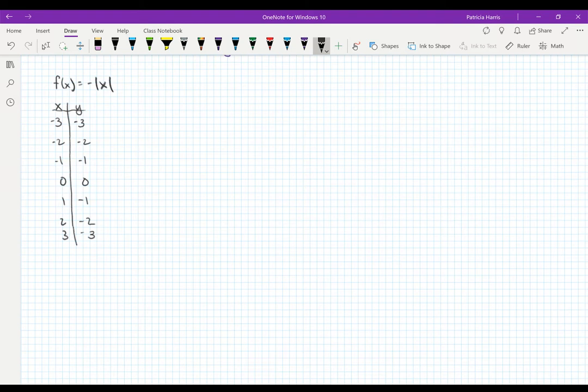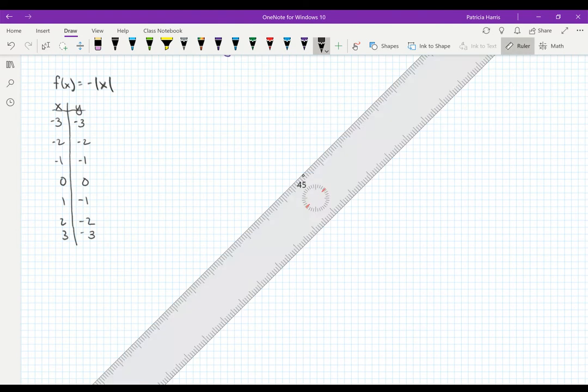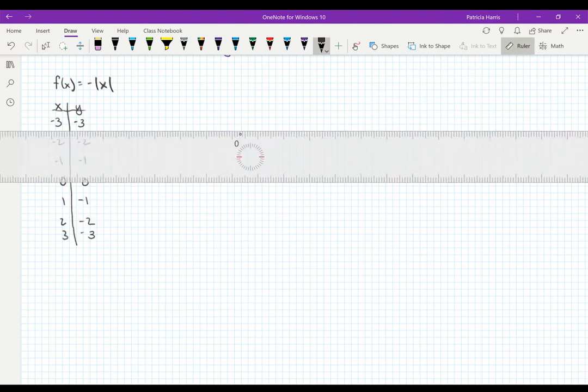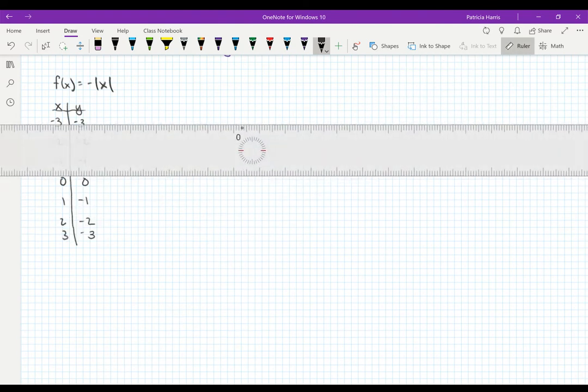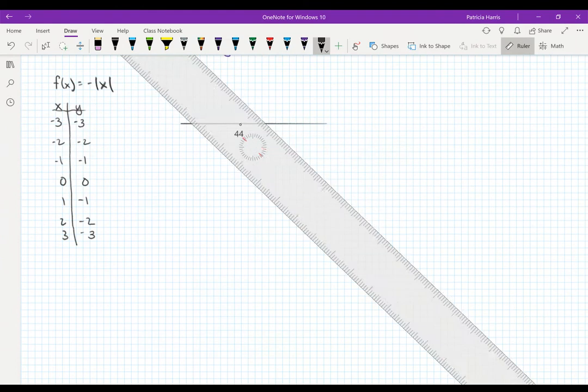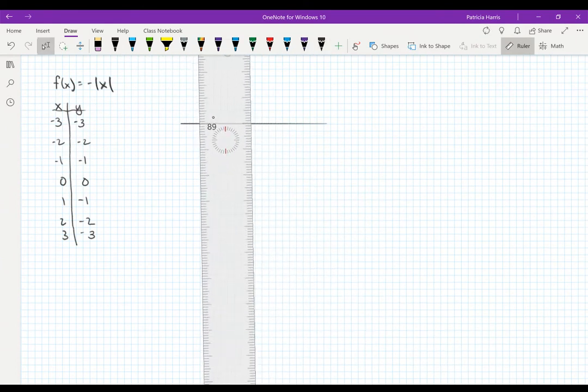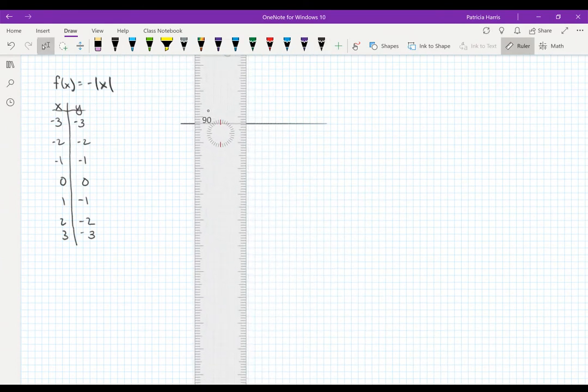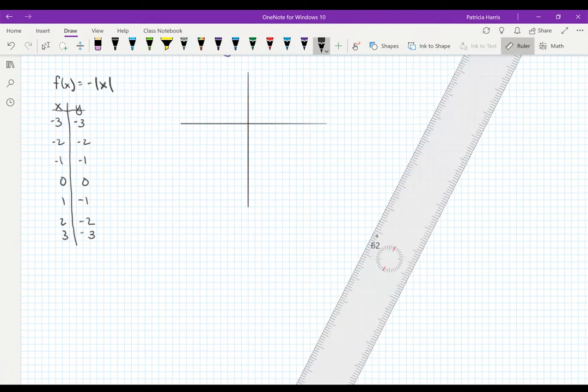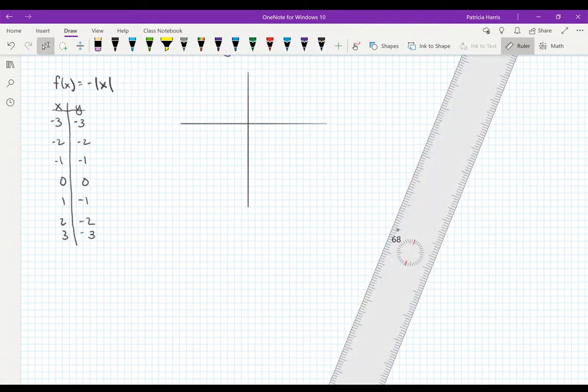All right, so let's go ahead and graph that, see what that looks like. How many of you think you already know what it's going to look like? Let's see if you're right. First thing I'm going to do is graph my dots.